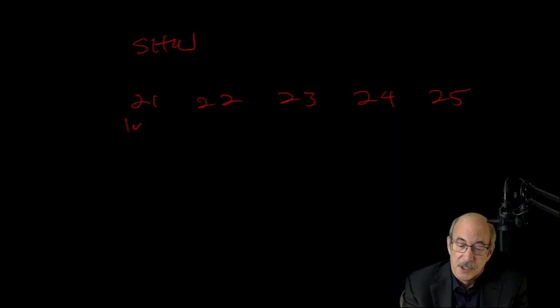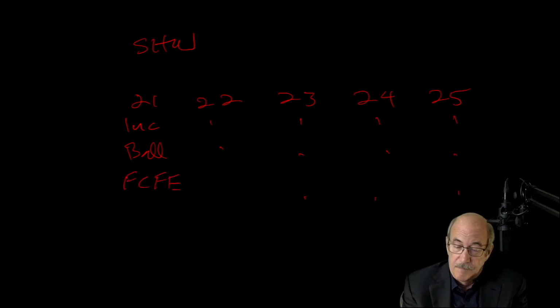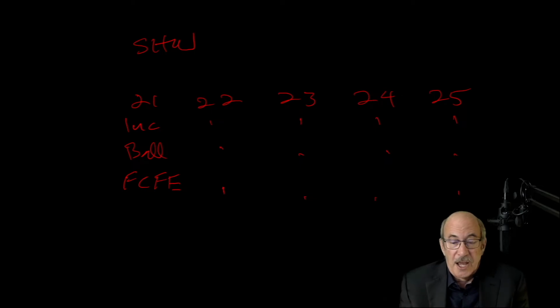So you've got your income statement and your balance sheet for each of these years. Then you're going to calculate a free cash flow to equity for each one of these years, so you're going to have five free cash flows to equity.